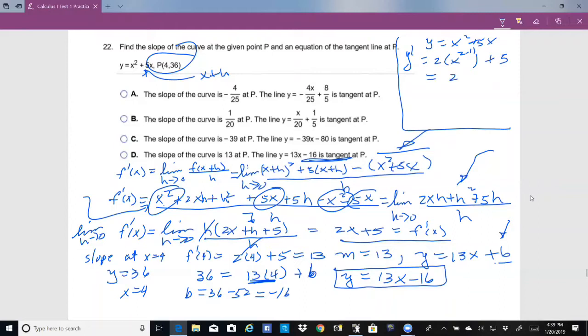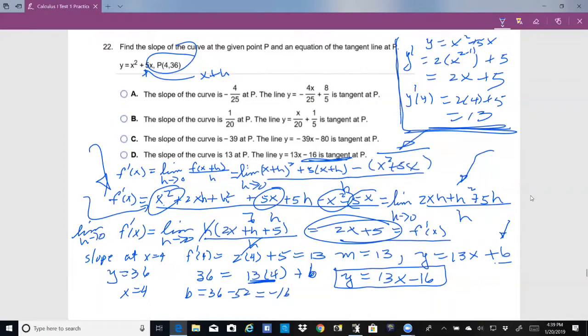So the derivative is 2x plus 5, which is what we got here, but look at all the work we had to go through to do it. And then we quickly know that y prime at x equals 4 is equal to 2 times 4 plus 5 equals 13. So I'm very happy to say that in the future you can actually do it on the quiz if you can remember how to take the derivative of a polynomial. So that's the answer. There's a long way and then there's a short way.